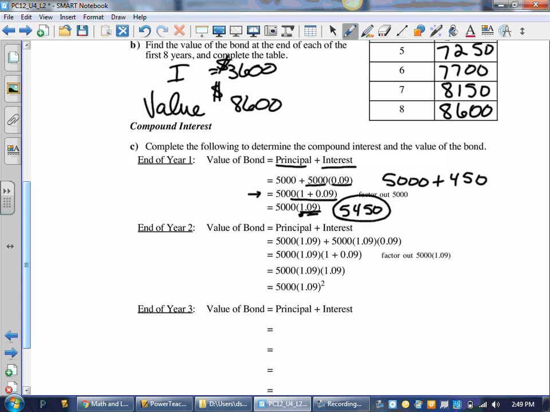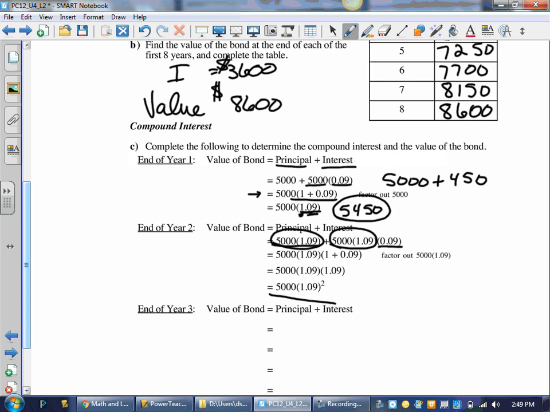But now, going into year 2, this is the new amount because we add on the interest from the previous year to the initial amount. So that's here. And then we go find the interest again. We take this amount and multiply it by 1.09 again. And this is the important part: at the end of 2 years, you have multiplied by 1.09 twice.